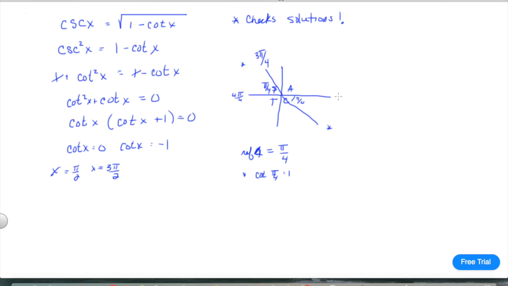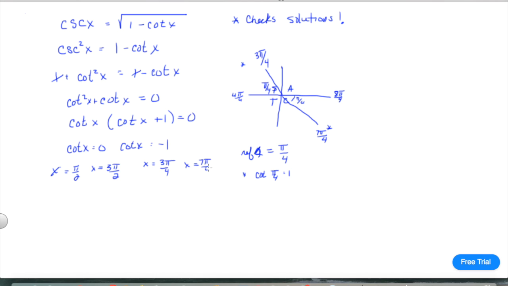And instead of thinking about 2 pi, think of it with a denominator of 4. So this would be 8 pi over 4. So if I take away a pi over 4, that would make this angle 7 pi over 4. So cotangent is equal to negative 1 when x is 3 pi over 4 and when x is 7 pi over 4.